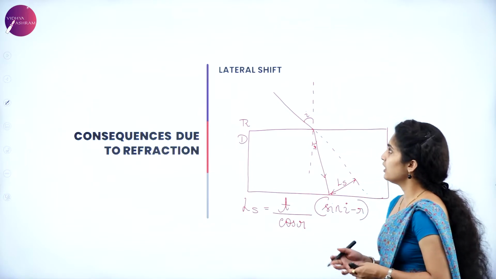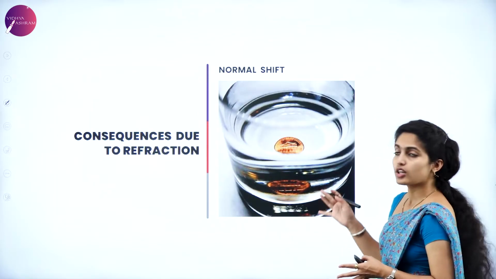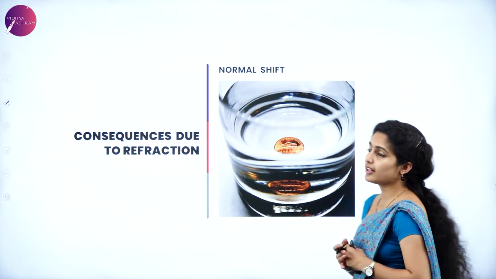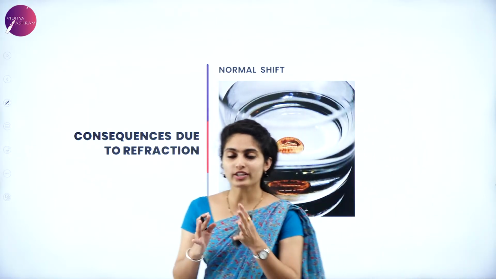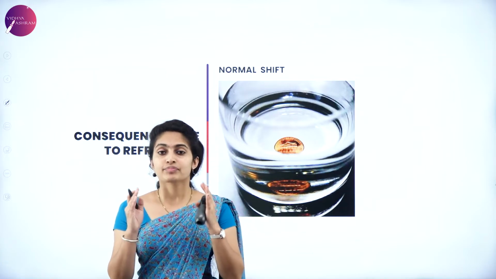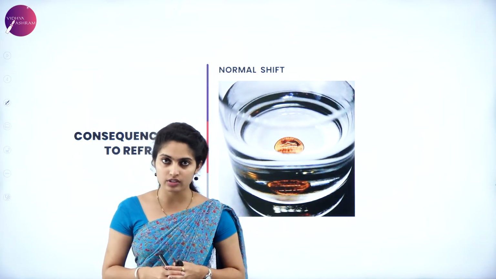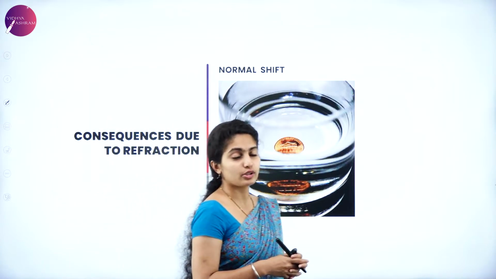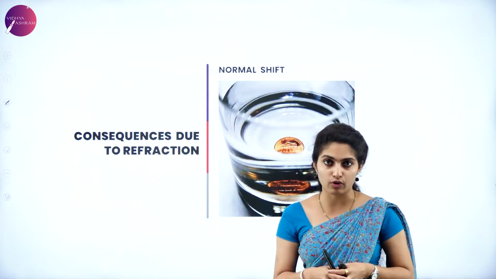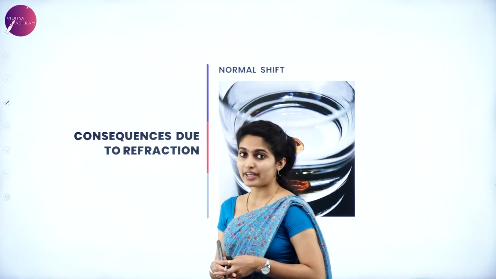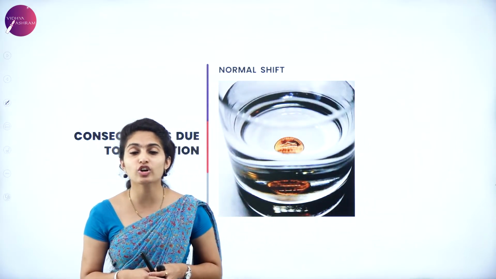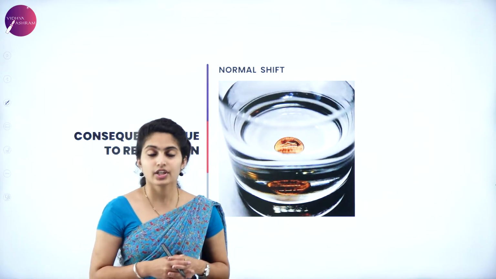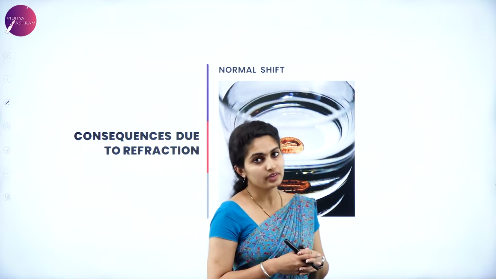Coming to the next part, under consequences due to refraction, we have something called normal shift. What exactly is the normal shift? Suppose you know the depth of water, and there is an object, or you consider a coin that has fallen. In holy places, you might have observed people dropping a coin inside a water reservoir.